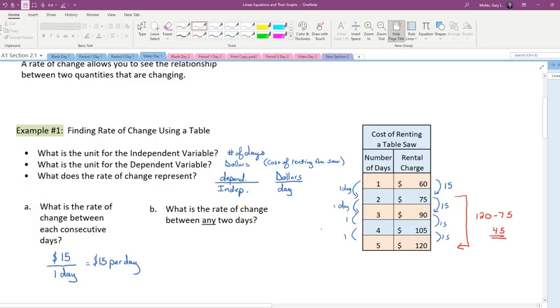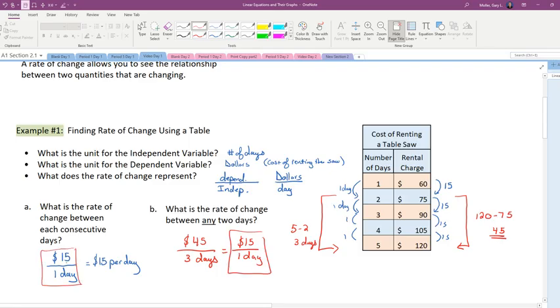And the change in the independent variable is going to be 5 minus 2, or 3 days. And so we would have $45 over 3 days. But we can reduce 45 thirds, and that ends up being $15 for one day. And we get the same rate of change that we did when we looked at every consecutive one.